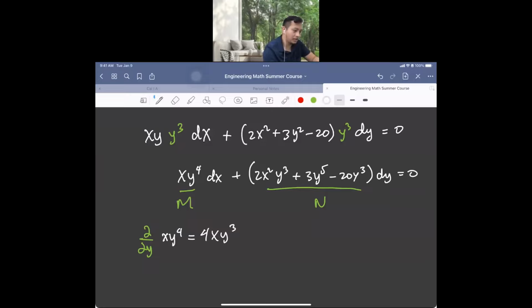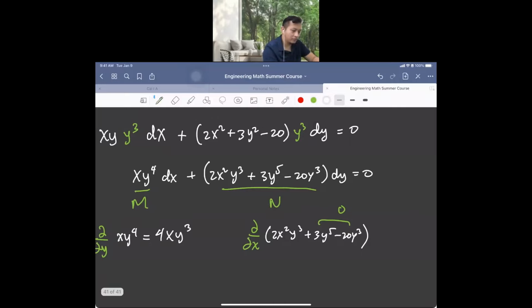And for n with partial x, the other two terms give 0, right? And this one, with respect to x, becomes 4x y cubed. Now it's exact, right? It's exact.